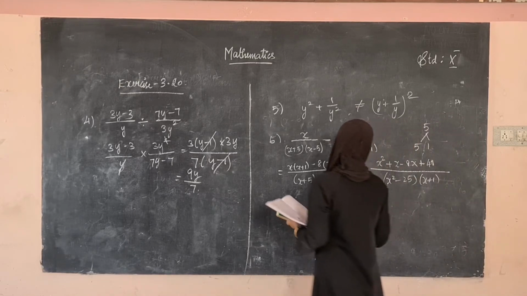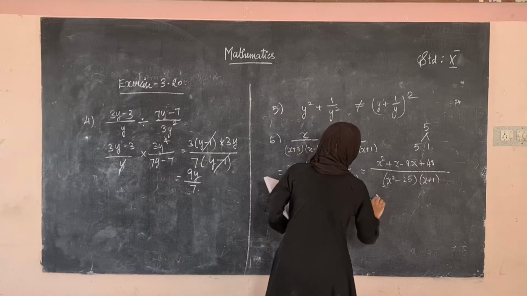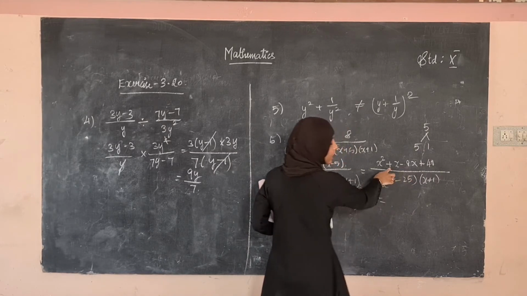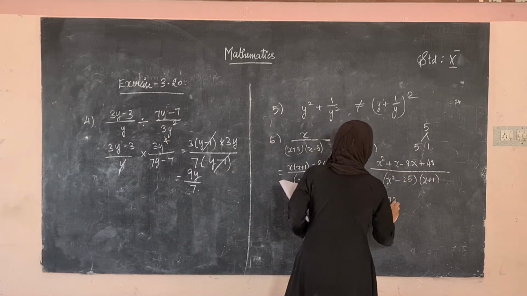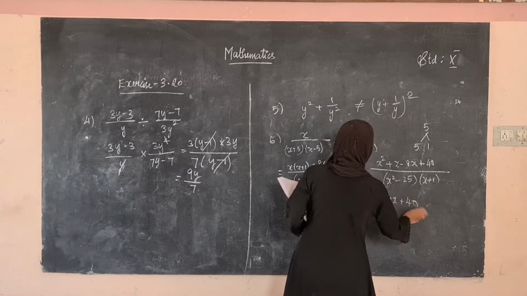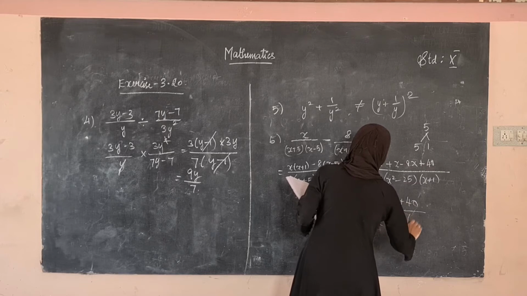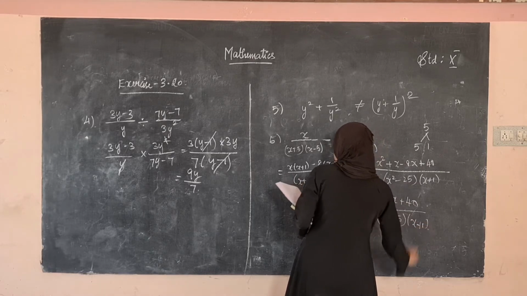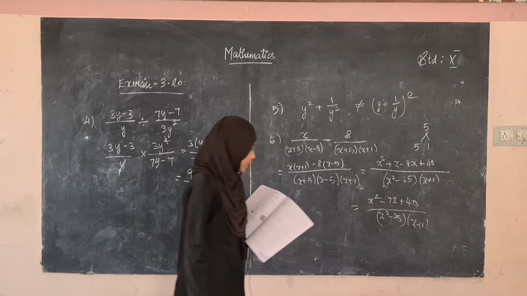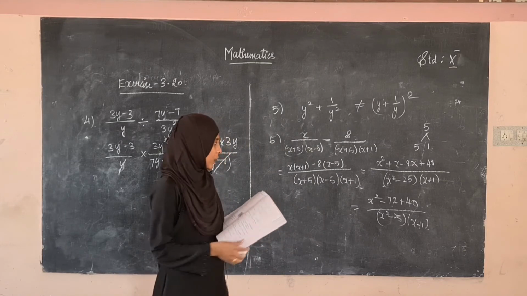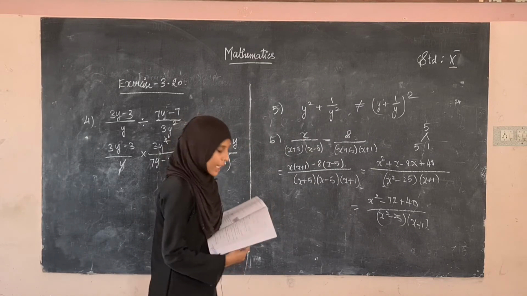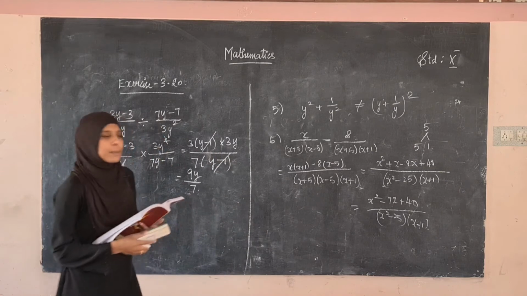So what will be the answer? Equal to x square minus 8x plus x is minus 7x plus 40 divided by x square minus 25 into x plus 1. So the answer is option C, x square minus 7x plus 40 divided by x square minus 25 into x plus 1.